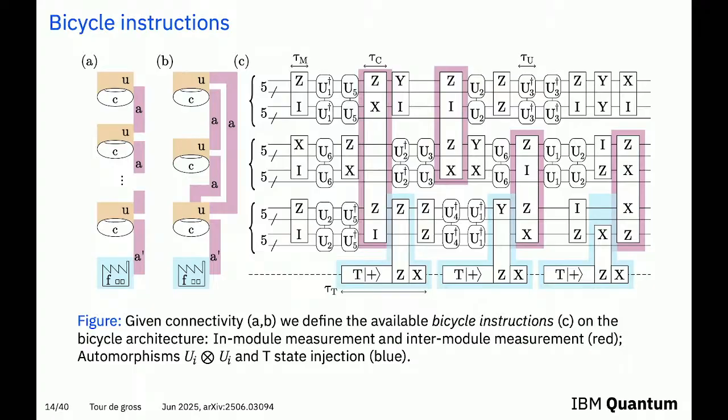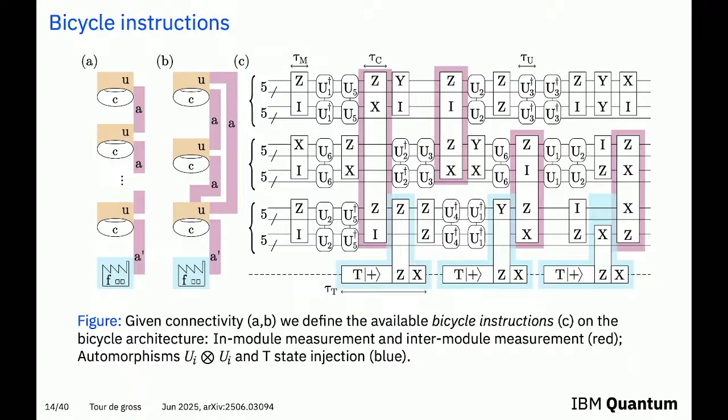The third kind of operation is an intermodule measurement, which are these blocks highlighted in red, and they use the connectivity here on the left that is also highlighted in red. These measurements use those L couplers that I talked about earlier to measure jointly between 2 code modules.